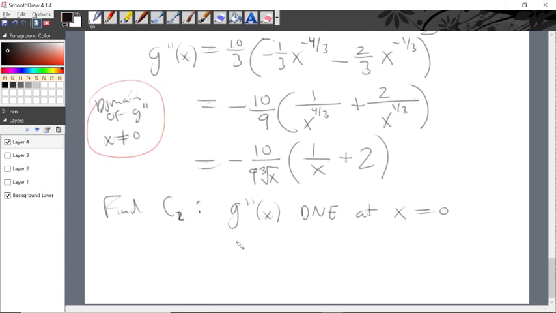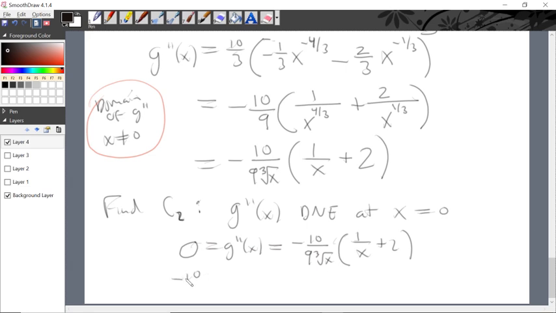And where does g double prime of x equal 0? So 0 equals g double prime of x, which is equal to negative 10 over 9 cube root of x times 1 over x plus 2. We can set each of the factors equal to 0.